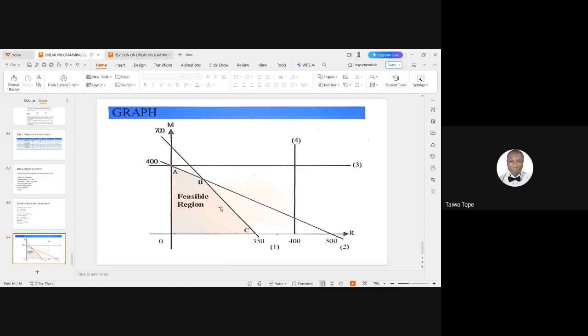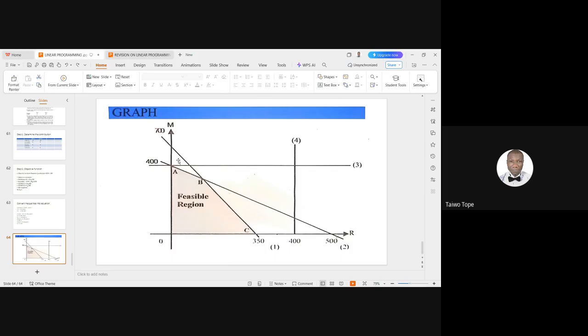For you to determine the maximum contribution, the visible region is your point of concern. Anything outside this point of constraint is not important to you in terms of determining contribution.